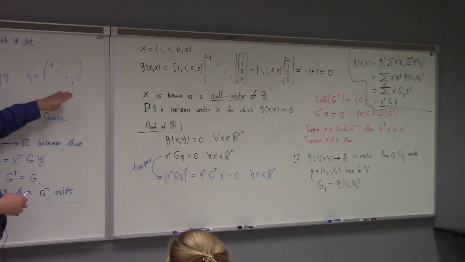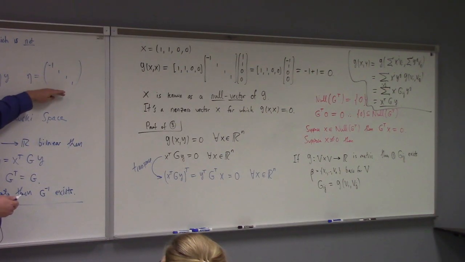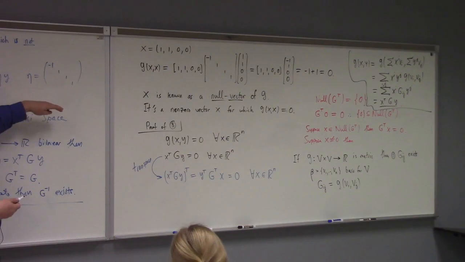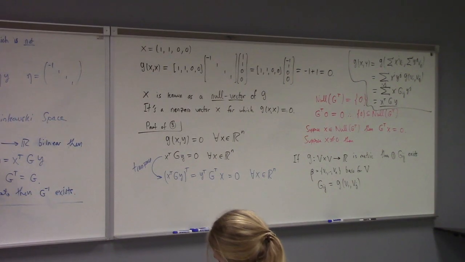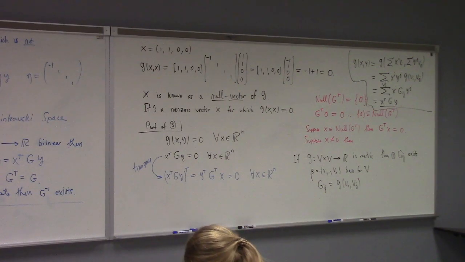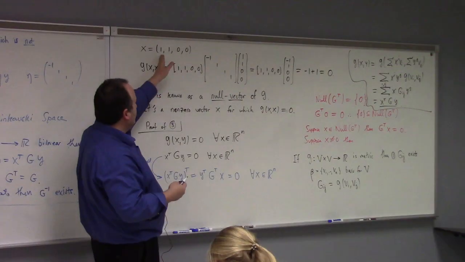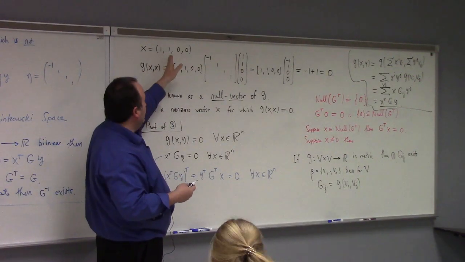That said, you can see this is non-degenerate, right? Because the determinant of the matrix of the Minkowski metric is just -1. So the significance of the null vector, in my example, these are light rays. When you do space-time, the 0th component is time, and then these are space.